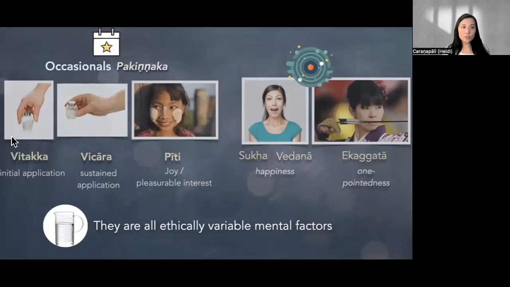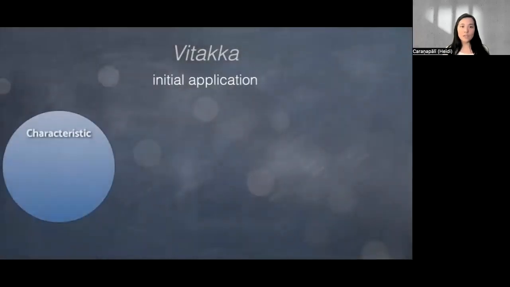Anyway, okay, so let's go to Vitakka, the occasional ones today. Vitakka, initial application. What is the characteristic of Vitakka? The characteristic of Vitakka, initial application, is that it applies the mind onto the object. So this is the cetasika which puts the mind onto the object.